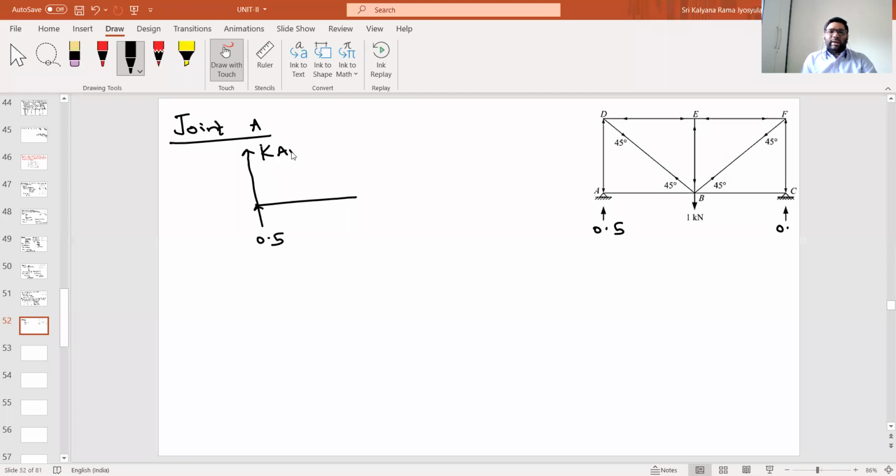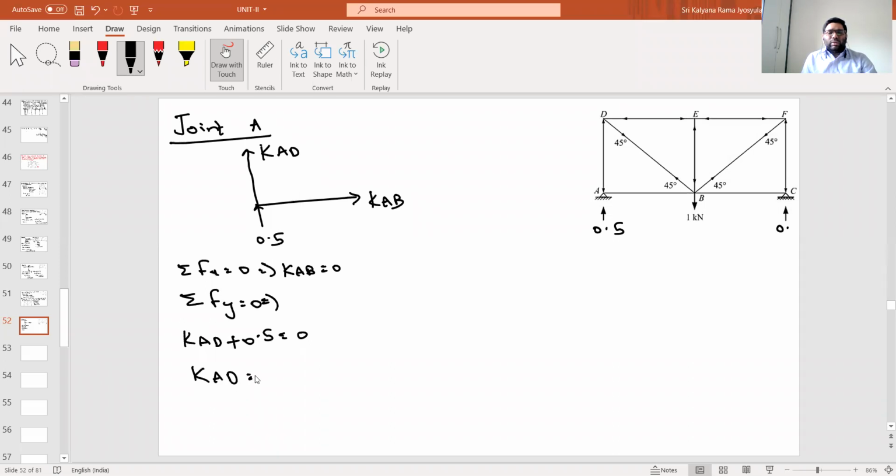Let us write this in terms of K: KAD and KAB. Sigma Fx is equal to 0 implies KAB is equal to 0. Sigma Fy is equal to 0 implies KAD plus 0.5 is equal to 0. So KAD is equal to minus 0.5 kilonewton, or compression. So this we got.